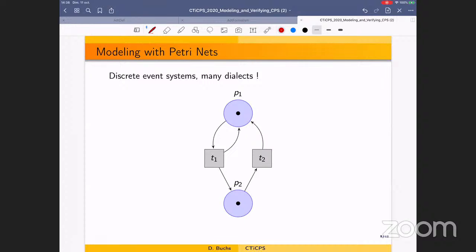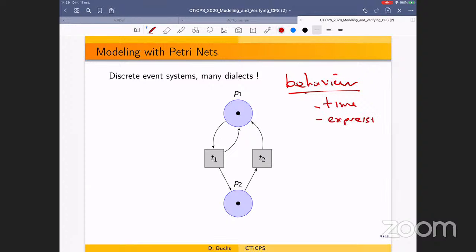There is extension concerning the behavior, so it means to take into account additional information, for instance, the time. There are many approaches concerning the time, and there are also approaches concerning the expressivity.